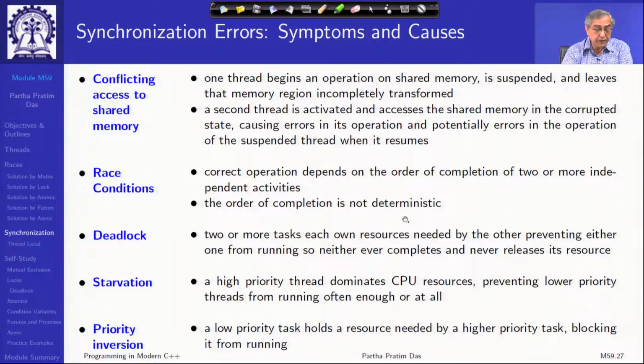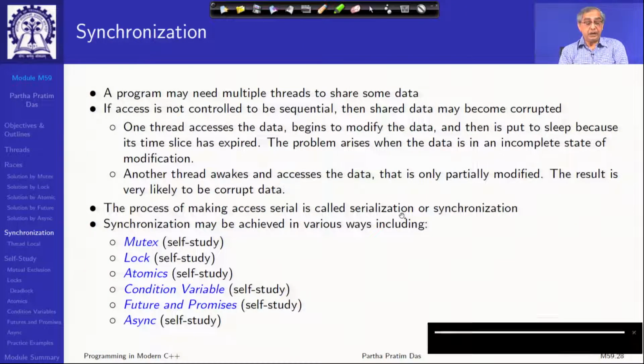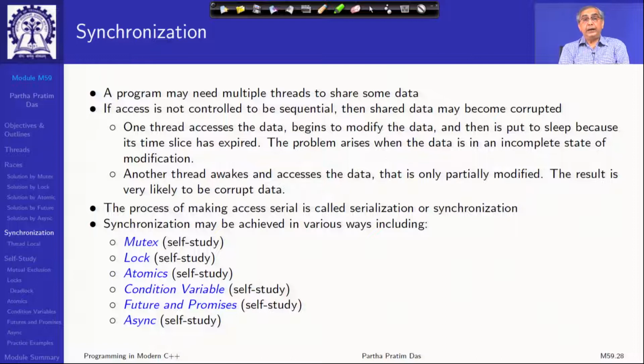So, a variety of such synchronization errors are possible, and this happens because in a multi-threaded program you need to share data. Certain accesses which need to be controlled to be sequential must be done so through synchronization.